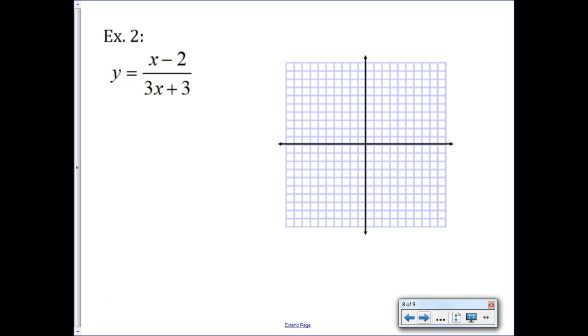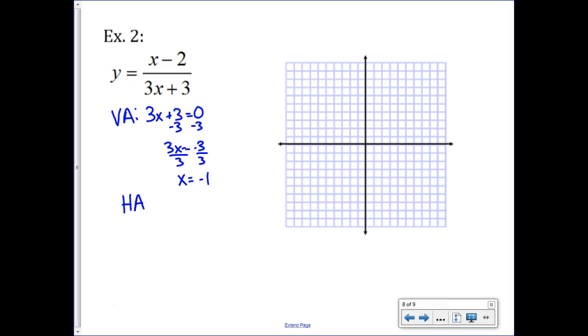So here we have x minus 2 over 3x plus 3. So for vertical asymptote, we want to know where 3x plus 3 is equal to 0. So subtract 3, so 3x equals negative 3, divided by 3. So x equals negative 1 will be your vertical asymptote.